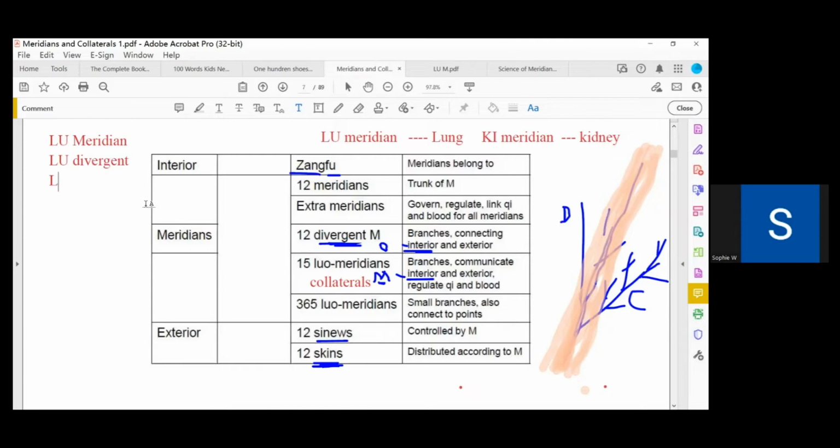And the collaterals, that's called lung collaterals. And the lung sinew. Lung skin region. Right, that's the lung organ. Also say like the kidney. They have kidney meridian, kidney divergent, kidney collaterals, kidney sinews, kidney skin regions.